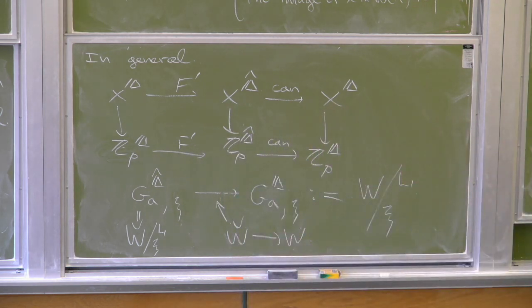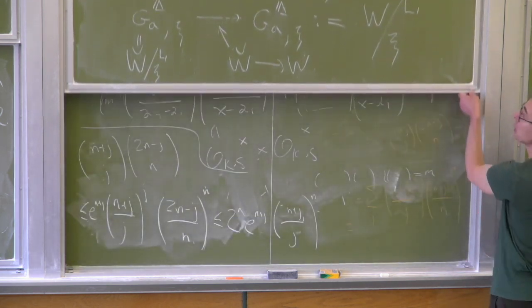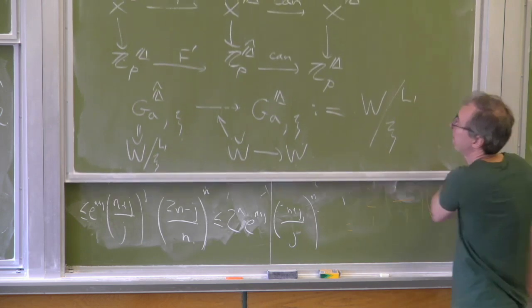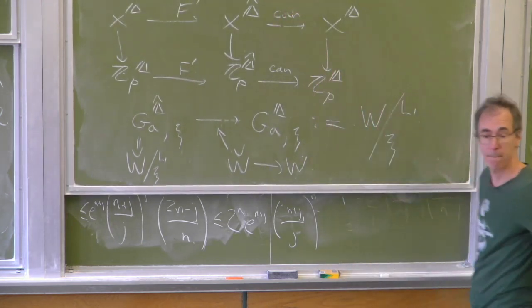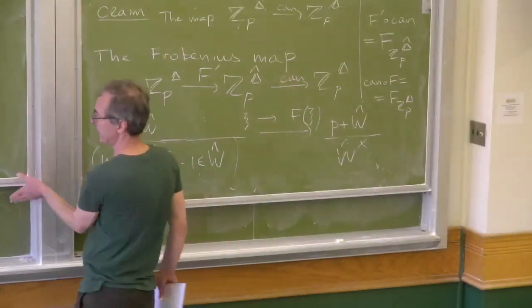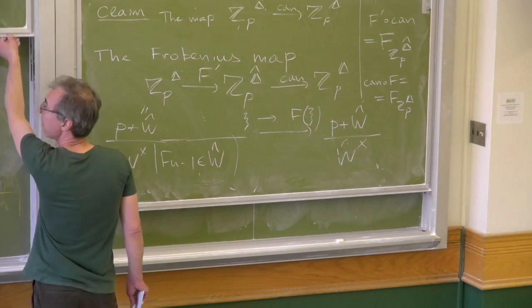Okay. So now let's define the Frobenius. So this gives me this. Let's define the Frobenius map.